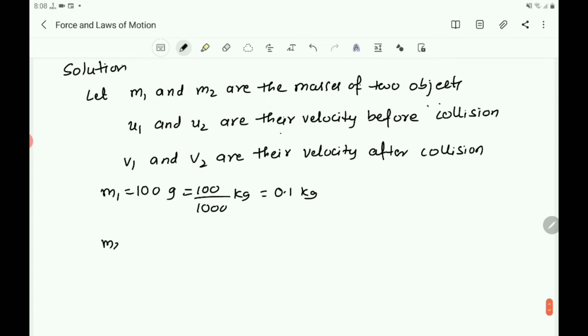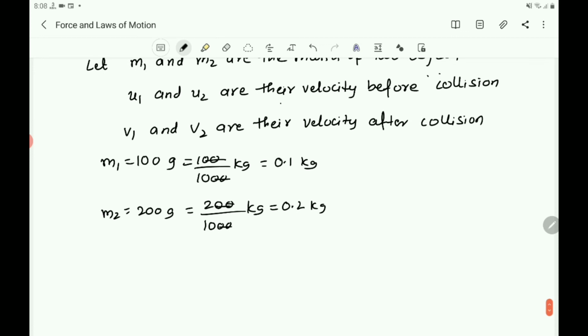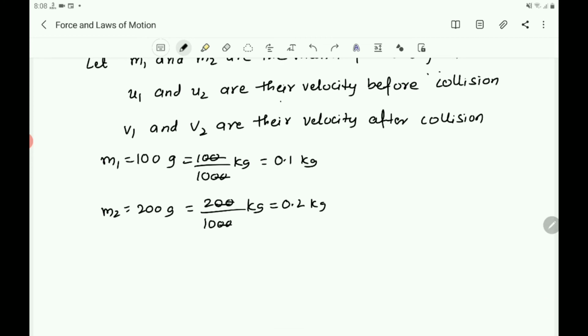And m2 equals 200 gram, that equals 200 by 1000 kg, which is 0.2 kg. 100 gram means 0.1 kg, 200 gram means 0.2 kg. As the SI unit of mass is kg, we have to convert that into kg.